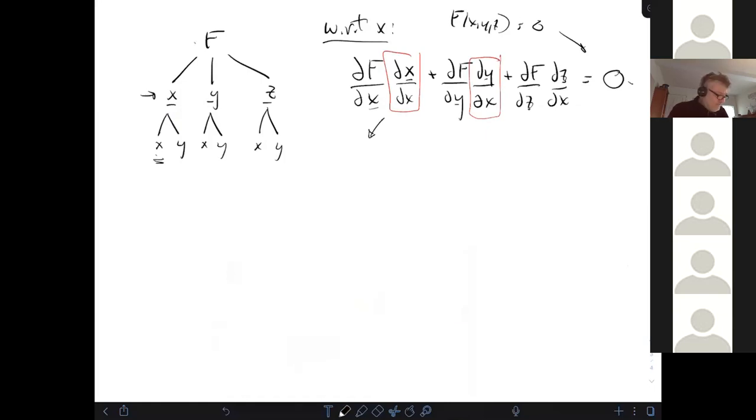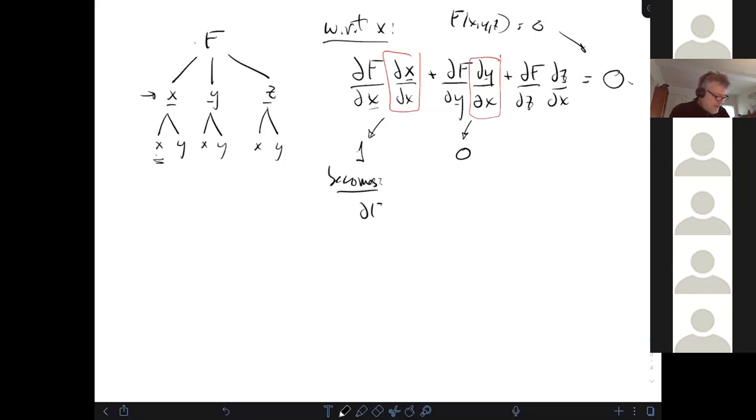Okay, so this is the function x. So the partial derivative with respect to x is just 1, right? What about this one? I'm differentiating the function y with respect to x. I'm going to get 0, right? So this becomes the following.